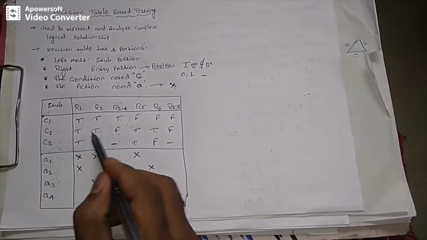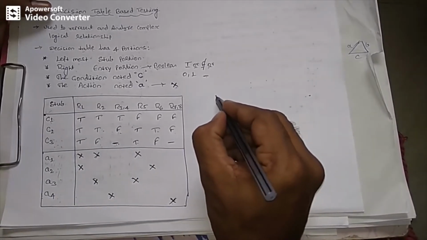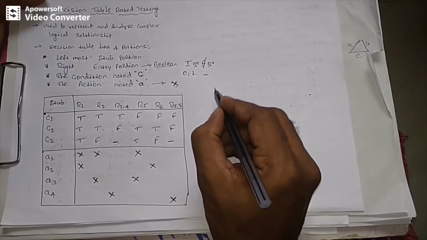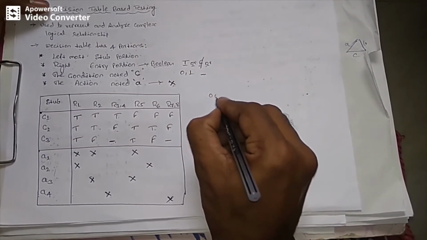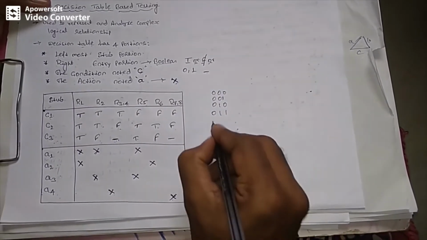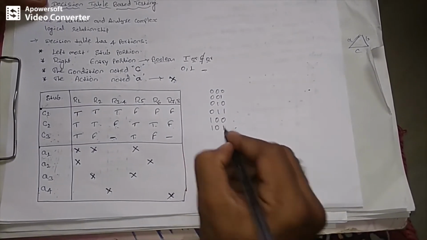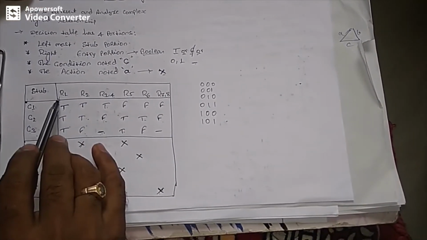So true, true, true, false, false, true, that is a combination. For example, in logic design, how we write the combination of inputs, like 0, 0, 0, 0, 0, 1, 0, 1, 0, 0, 1, 1, 1, 0, 0, 1, 0, 1. In that fashion we can also write the rules.